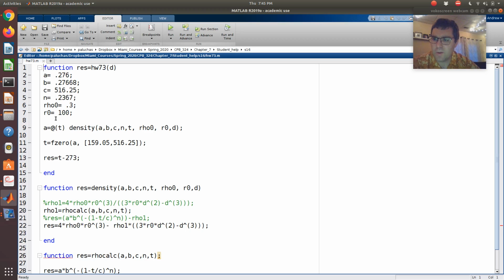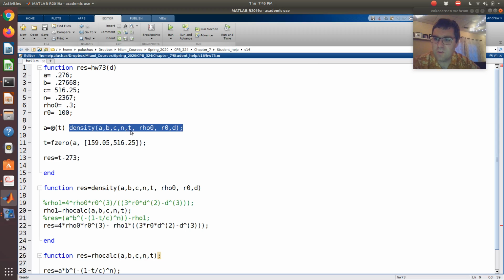The one issue I see is you're creating this anonymous function. We have this density function, which I'm guessing is my error function that takes A, B, C, N, T (what I'm trying to solve for), rho naught, and D. So it's taking all of these as inputs, and you're defining all those constants.